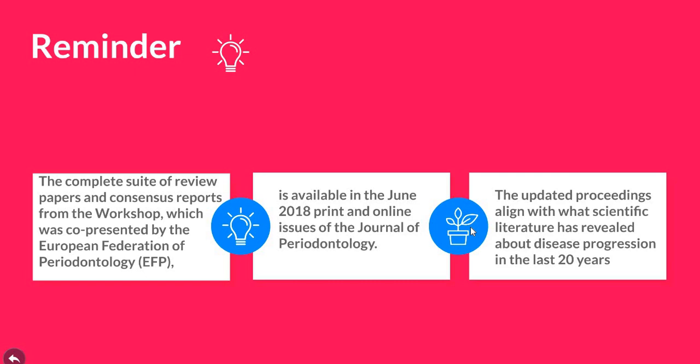You can take it free, and it's about 21 to 22 research papers actually. The updated proceedings align with what scientific literature has revealed about disease progression in the last 20 years.